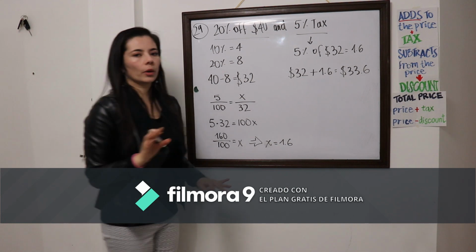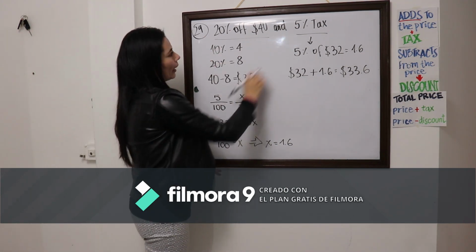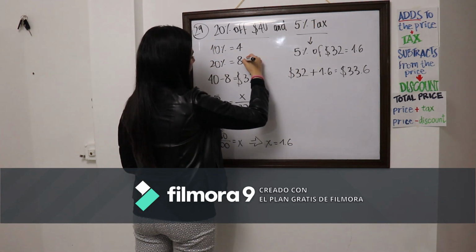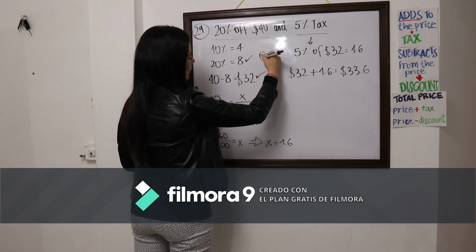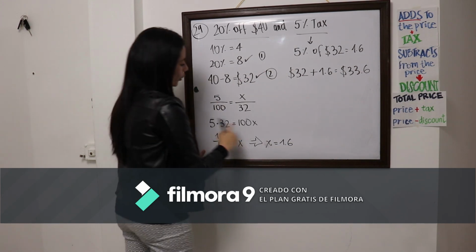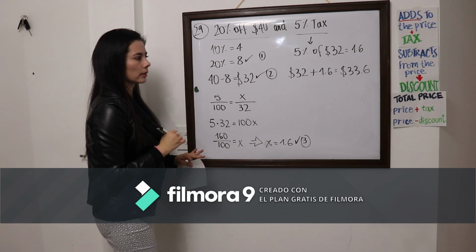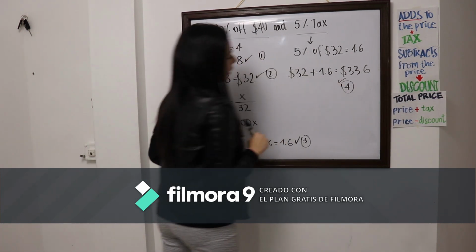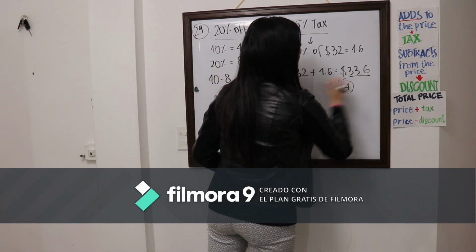So that's pretty much the way you do it. You get the discount first, then you find the percent you need to work with. So get the discount, subtract it, right? So this is the first step, get the discount percent, then subtract it. Then you find the tax percent, and then you add that amount. Okay, so your total here is going to be 33.6.